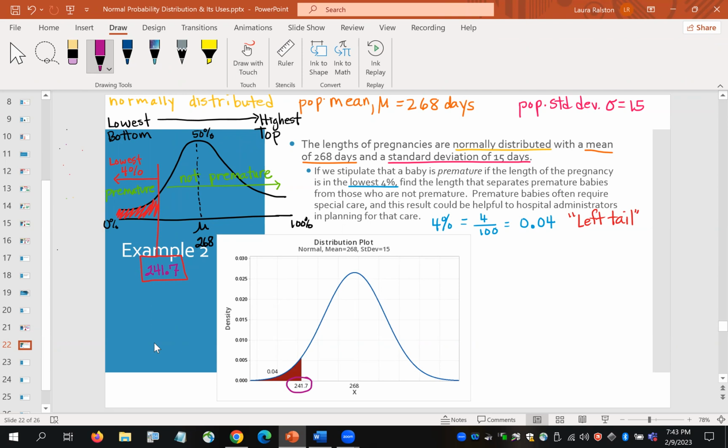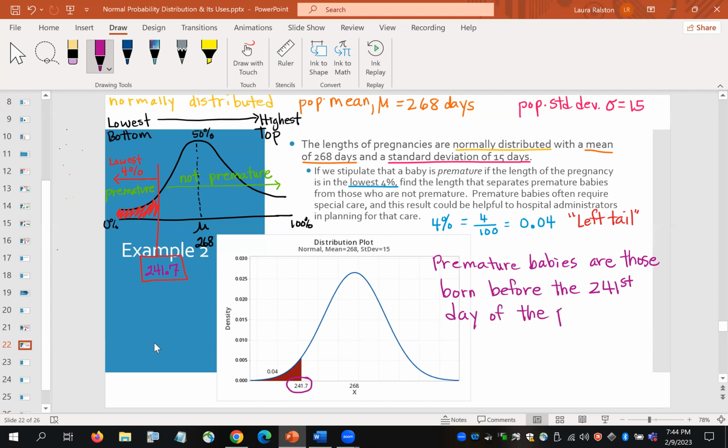Okay, so premature babies are those born before the 241st day of the pregnancy, based on the way this is defined.